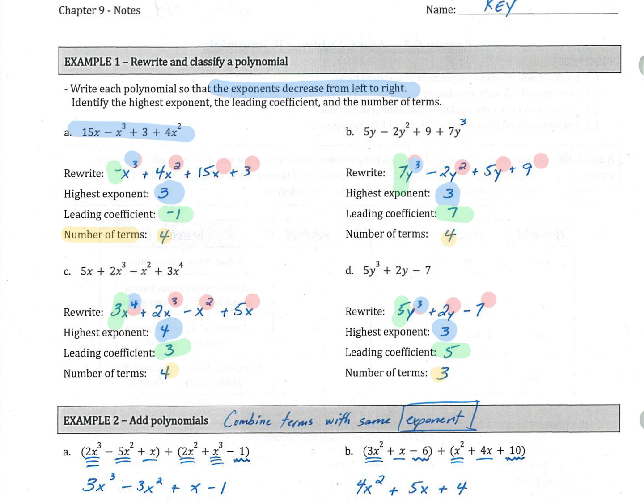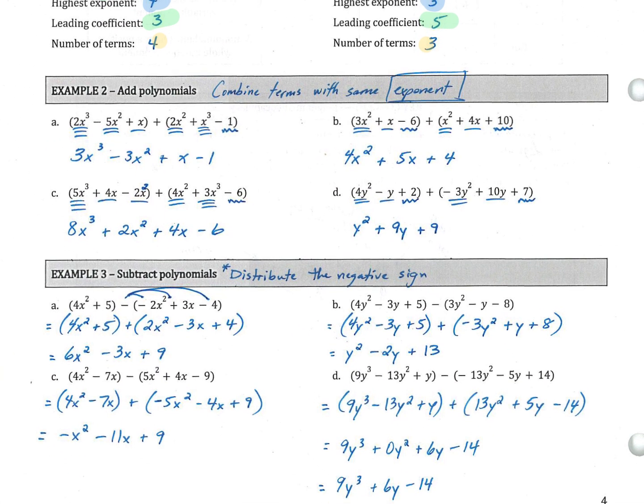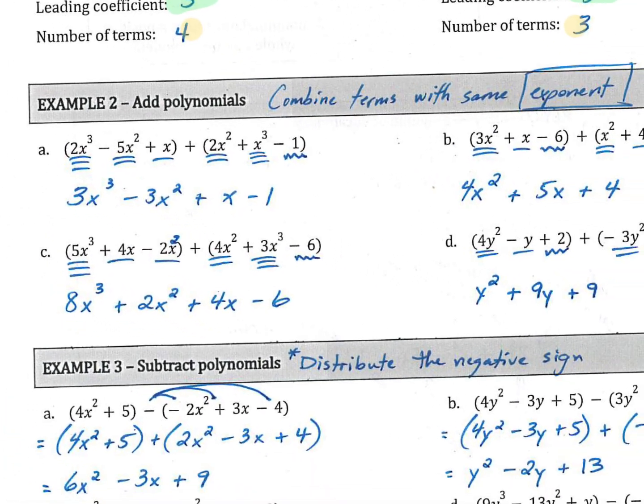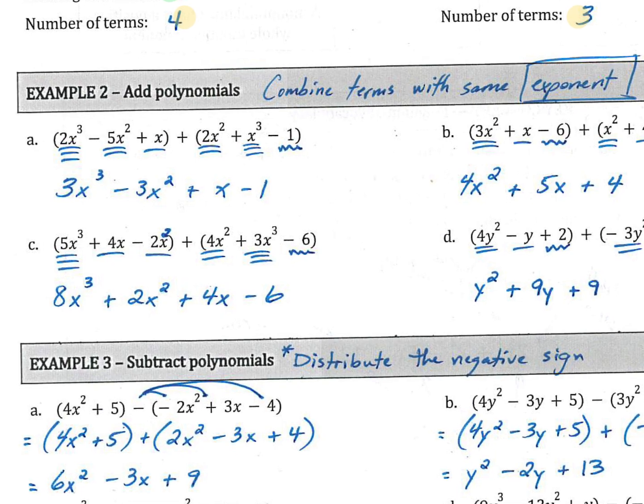Let's get to the real important section of 9.1, adding and subtracting. So if we want to add polynomials, we want to combine terms with the same exponent.